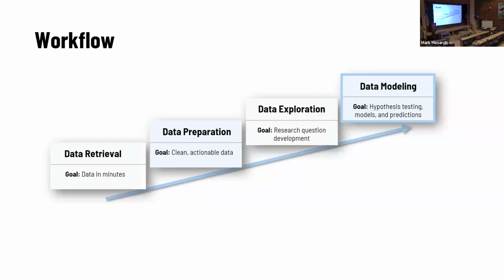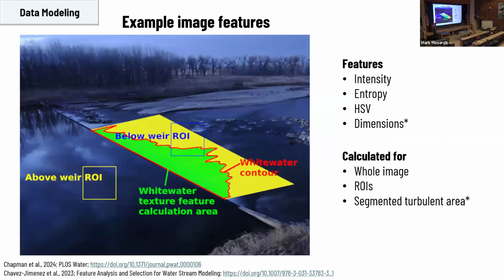And we can also move on now to the modeling part, where we might test a hypothesis or build models and try to predict different things. And we'll go back to that original North Platte River Weir project just to give you an example.